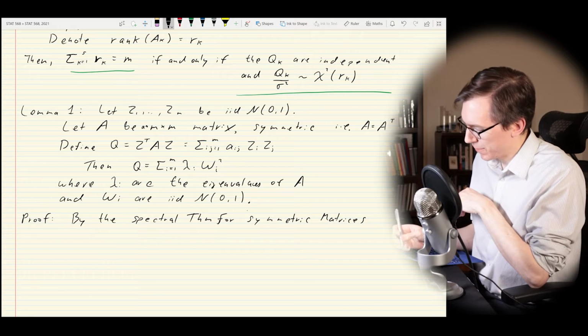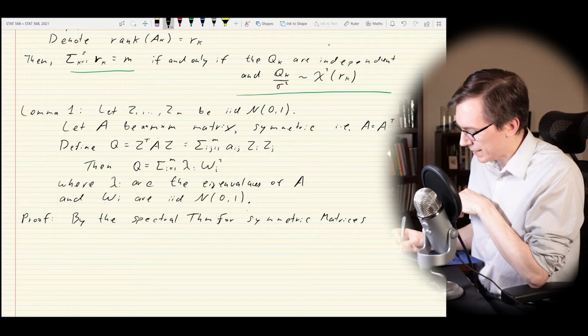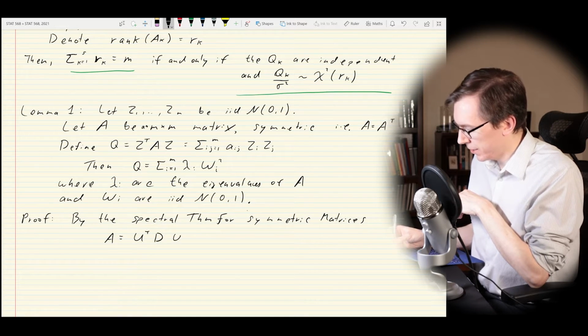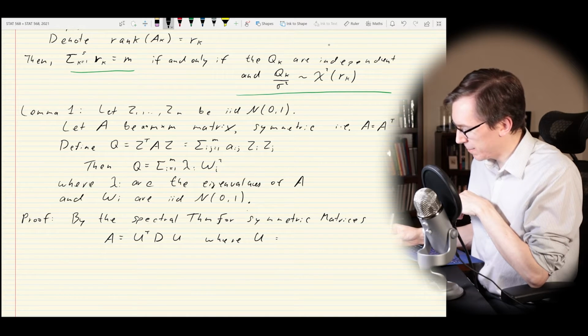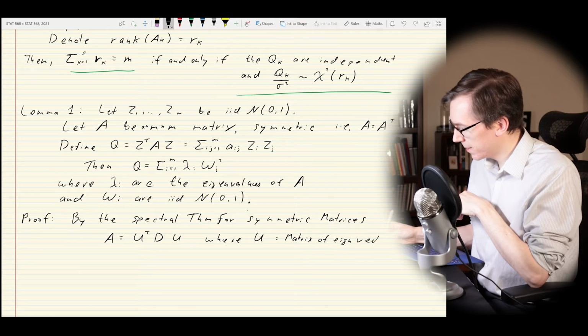The spectral theorem for symmetric matrices basically says that we can decompose the matrix A into a product U transpose D U, where U is the matrix of eigenvectors, and D is the diagonal matrix, hence D, of eigenvalues.